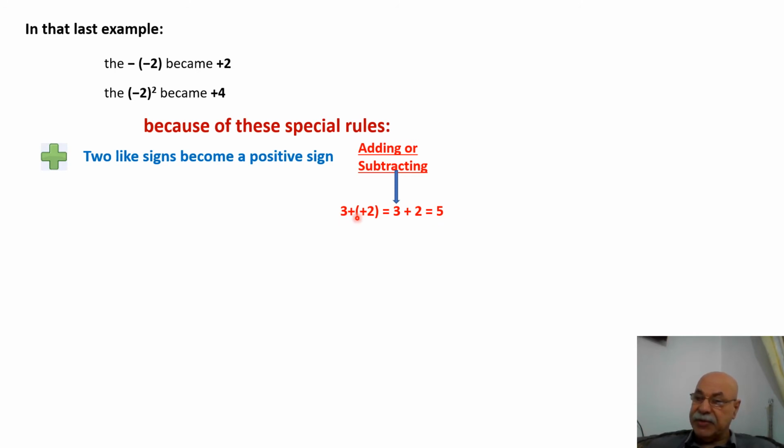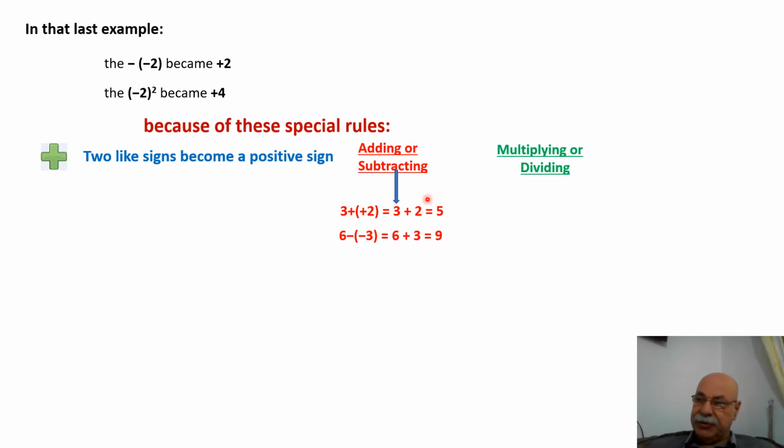Here it is 3 because this plus is always plus. Here, 6 minus minus 3: minus with minus becomes plus, and 6 plus 3 becomes 9. You see, 6 minus minus becomes plus, 3 equals 9.